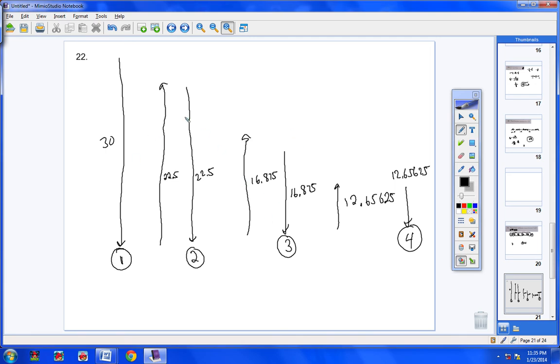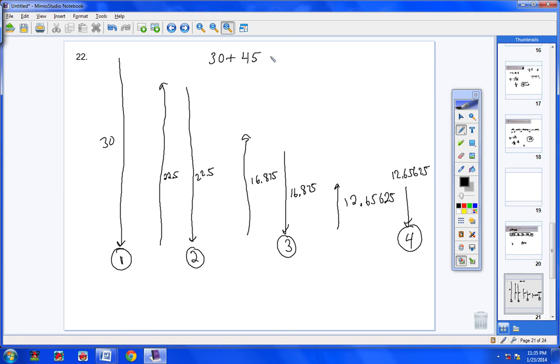Now, please watch carefully what we're doing. Again, this is a very difficult problem. I know that, but let's see if we can't figure this out. So the ball traveled down 30 plus, and then it went up and down 22.5. So 22.5 times 2 would give us 45, and then it went up and down 16.875.